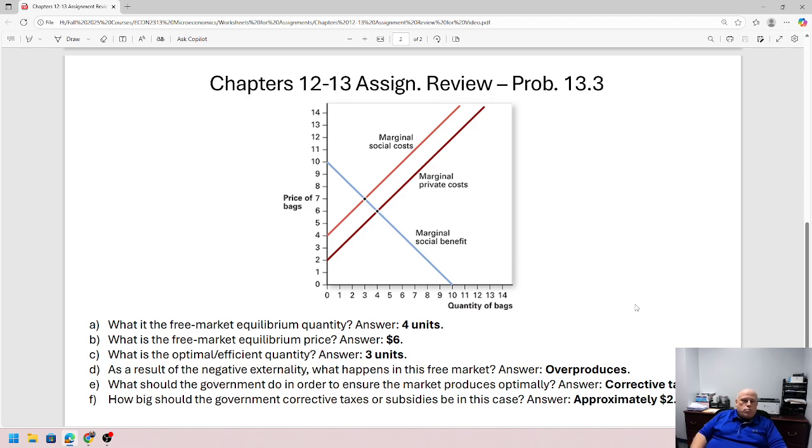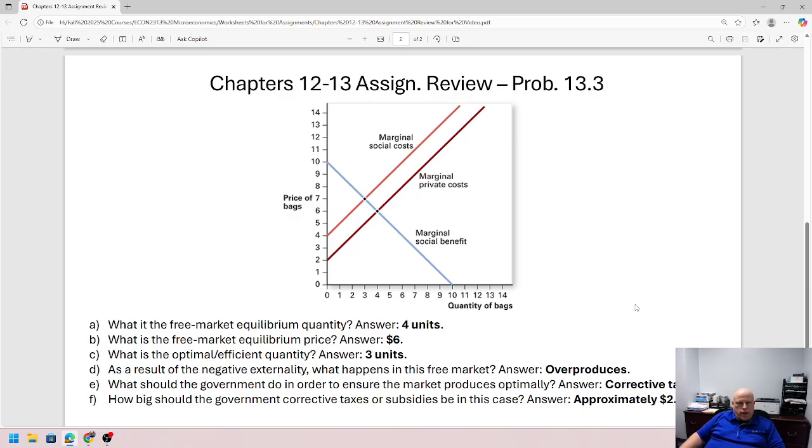Instead, they will produce at the marginal social cost, basically, is where they would produce. All right. So what should the government do in order to ensure that the market produces optimally? Well, they would have to impose taxes on this type of market in order to get producers to produce less, at the socially optimal level.